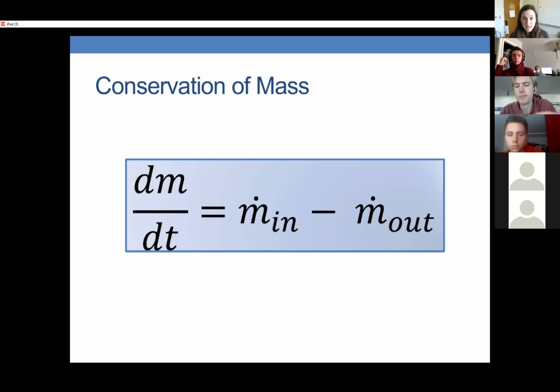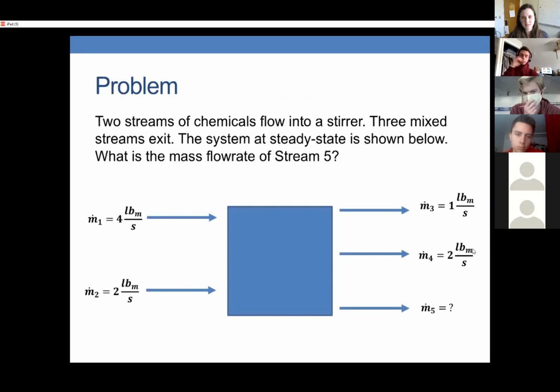As I also said, y'all have done mass balance problems in your 170 class and in your 273 class before. So let's do a little review. I have a problem for us. Okay, yeah, mass within a control volume, mass in and out.